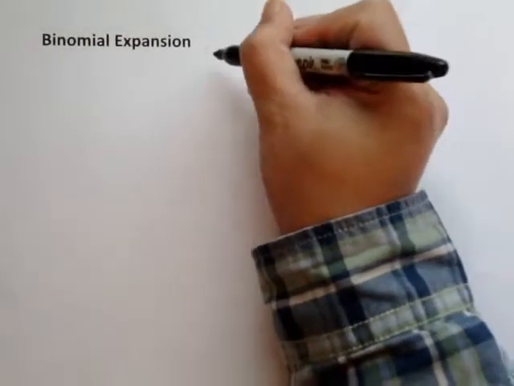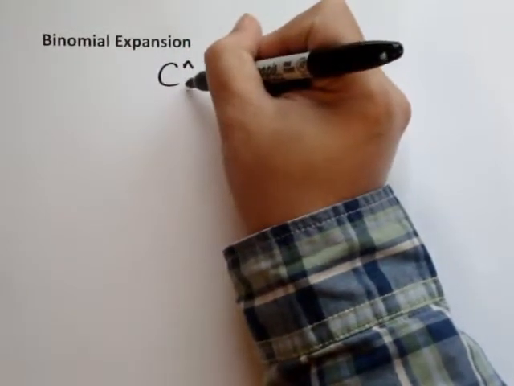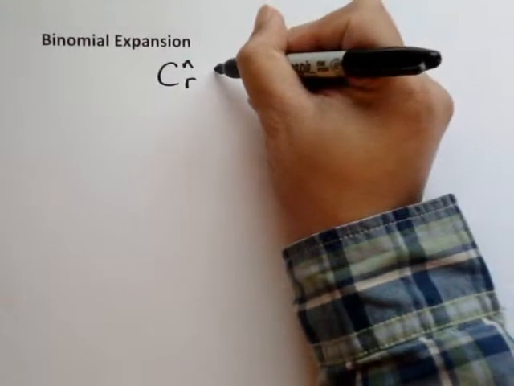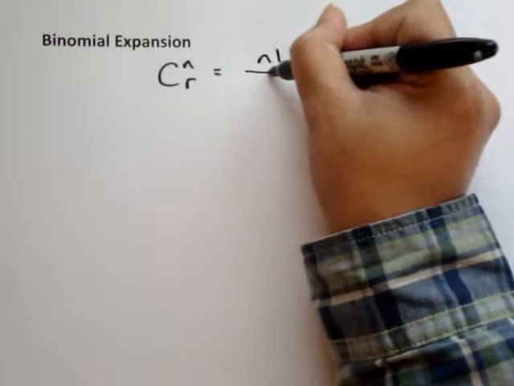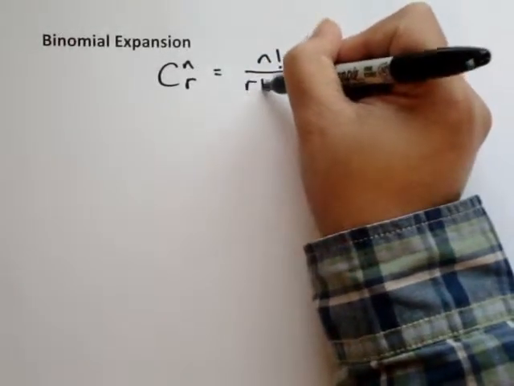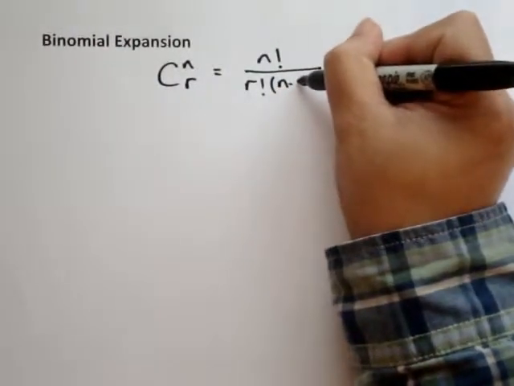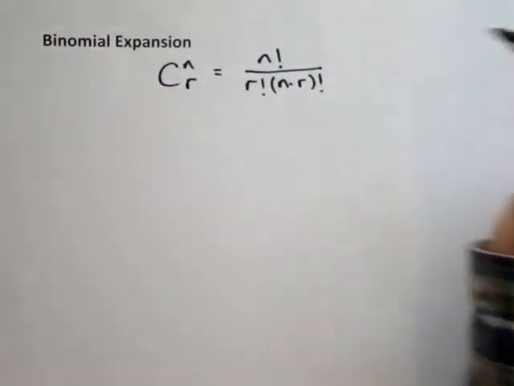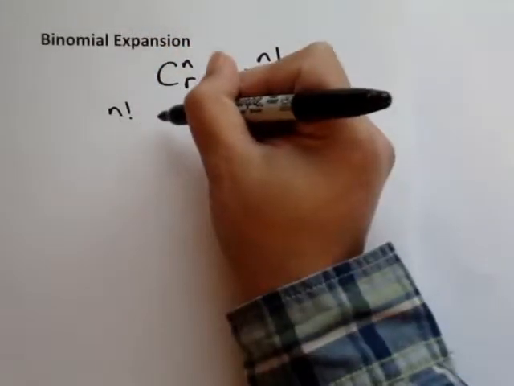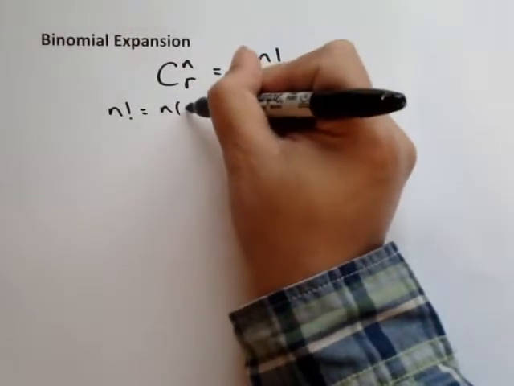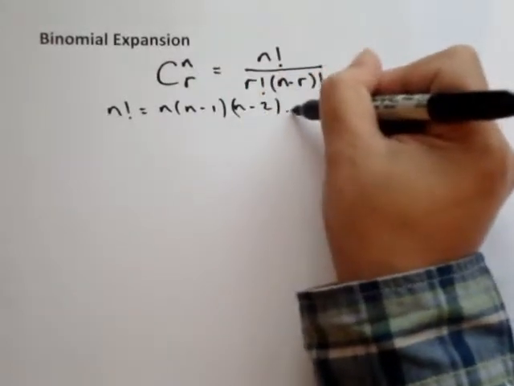So nCr is usually written like C n r, and this essentially stands for n factorial divided by r factorial times n minus r factorial. So what does this mean? So n factorial is n times n minus 1, n minus 2, and so on.